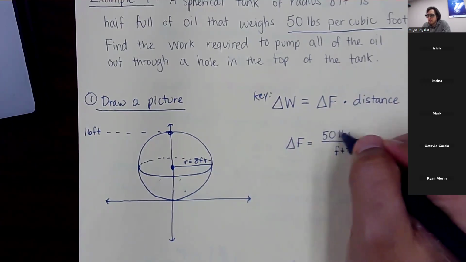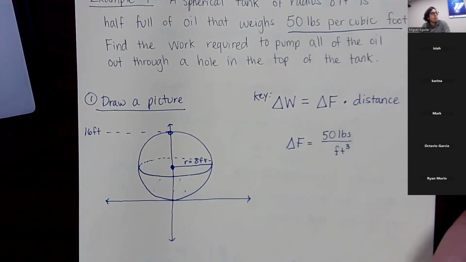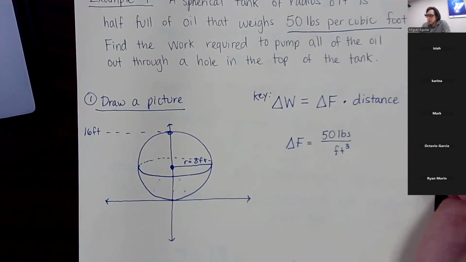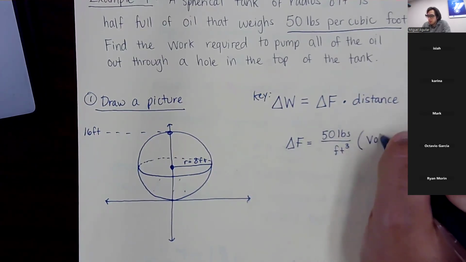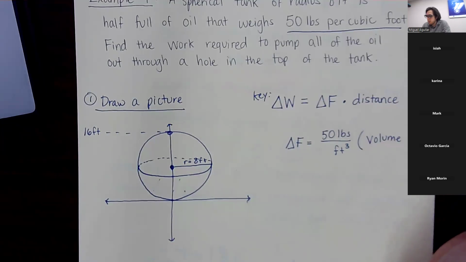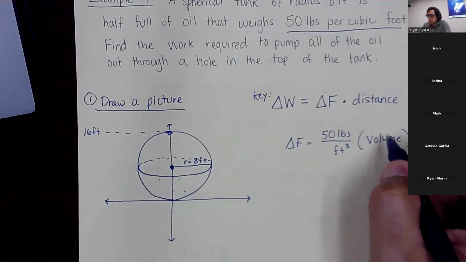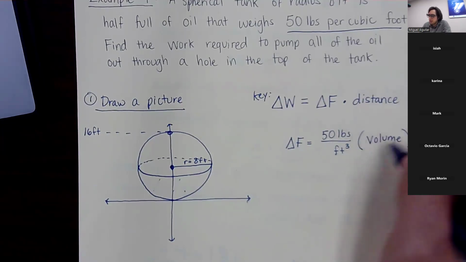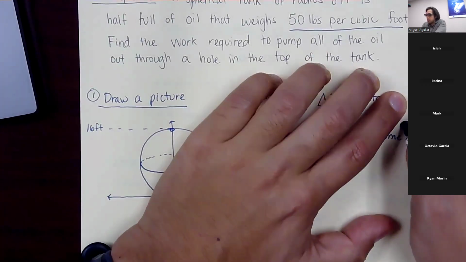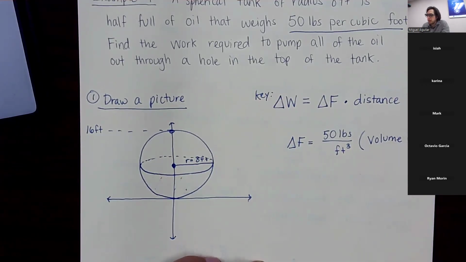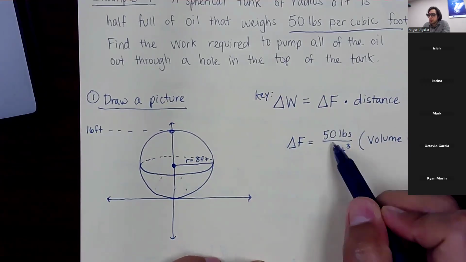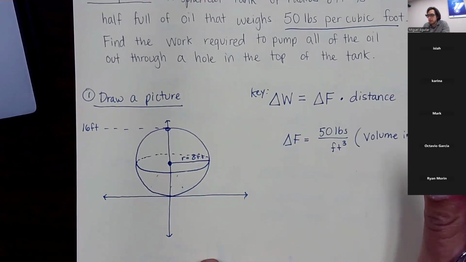Because you have a force divided by a volume. So to get the actual force, we need to get a volume here to multiply, so that we can cancel out the feet cubed. Because we want those units to cancel out so that we just have a force. Okay.